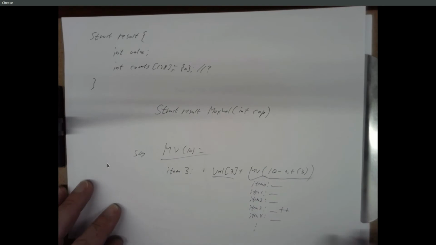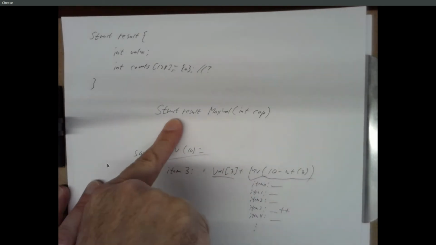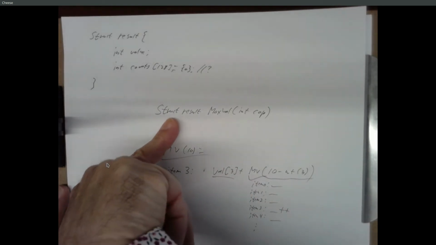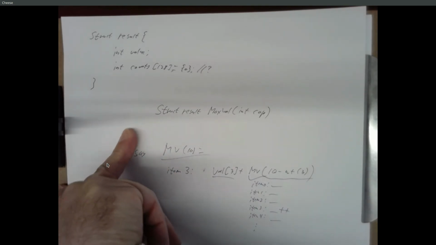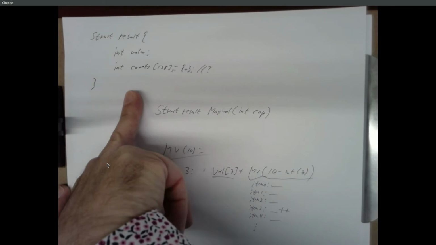The other comment I think was what we were talking about. When we're returning a result, make sure you update your array where you're saving your results, your dynamic programming piece. That's not an array of integers anymore, it's got to be an array of struct results.